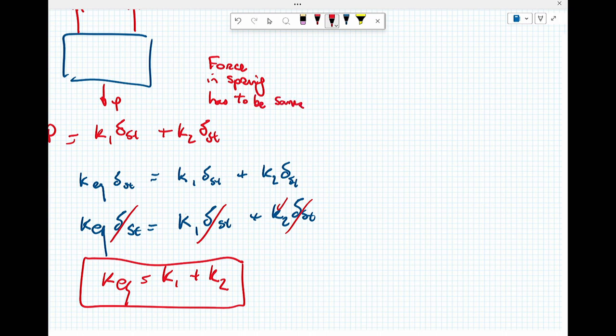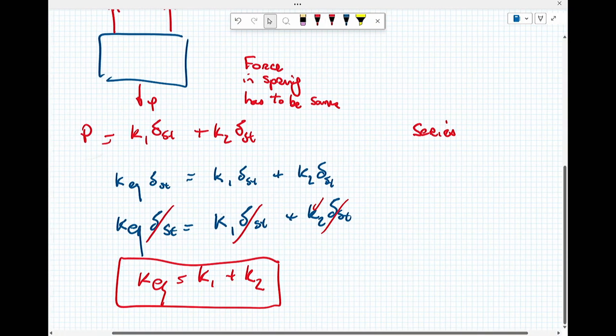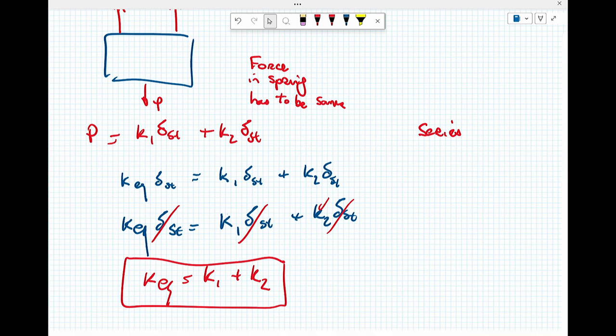Now, if you do similar sorts of things with series, you know that the delta of the springs in both cases have to be the same because you can't have it sort of twisted. But in series, the force has to be the same too. So in that case, you end up with a relationship which is Ks in series is K1 K2 all over K1 plus K2.